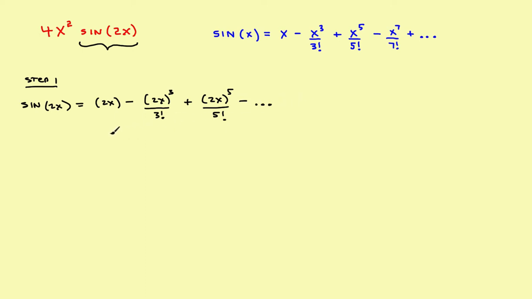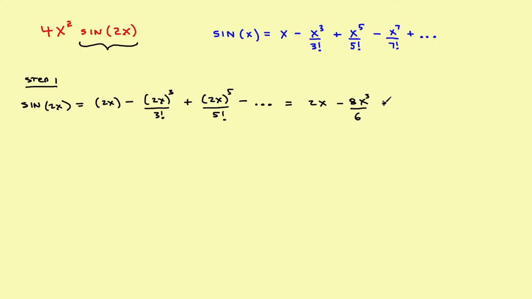The next step is to go ahead and change each one of these into whatever the number is. So this was going to be 2x. Then if you cube this, you would have minus 2 cubed, which is 8, x cubed, and we'll change 3 factorial into a 6.